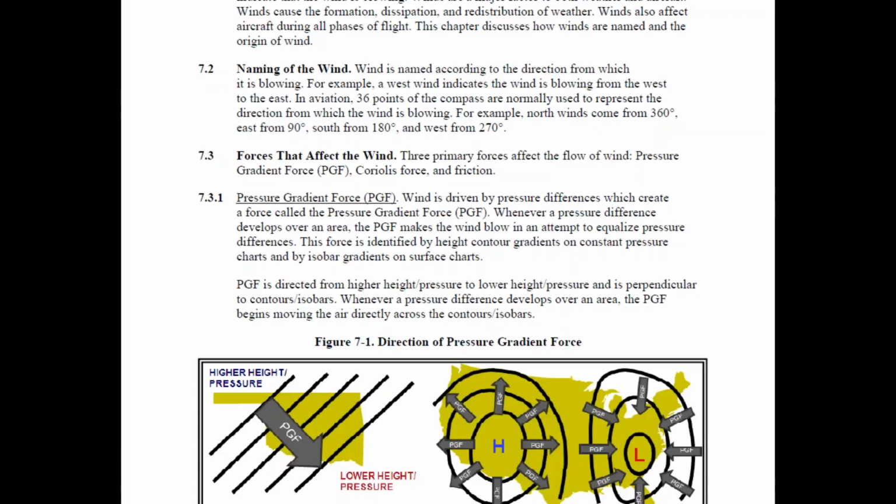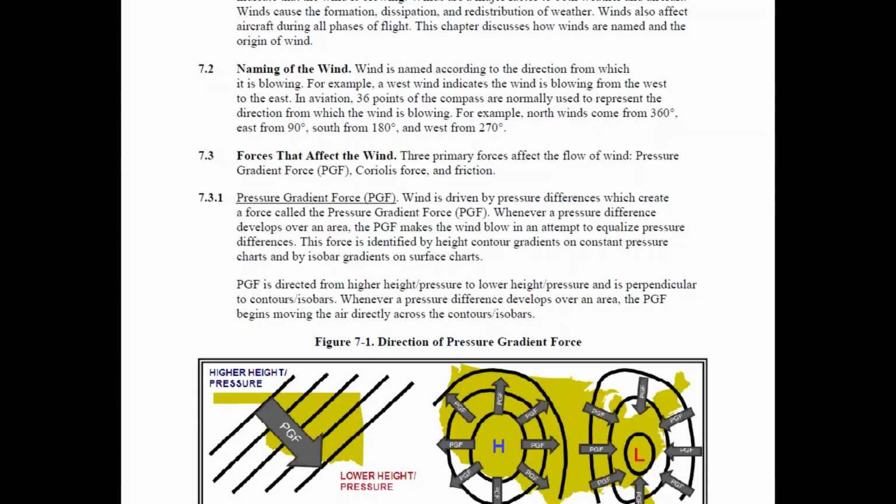Low pressures are cyclonic, so they have a counterclockwise rotation. Pressure centers, like highs and lows, are always attempting to take each other over, and this is what creates wind.